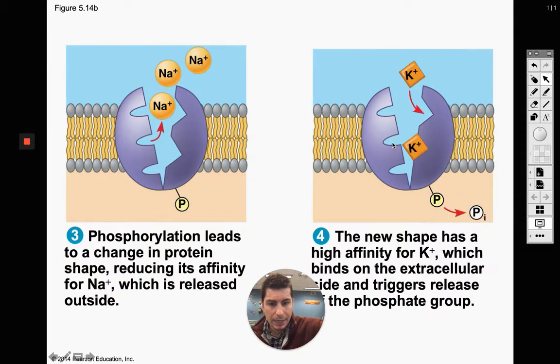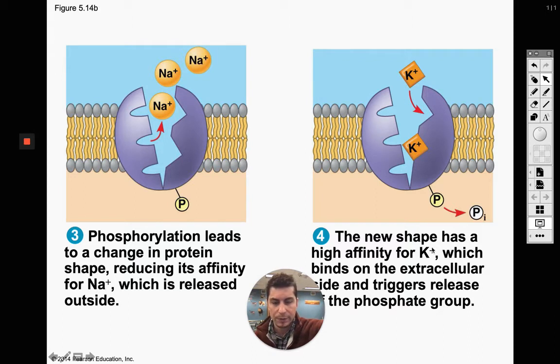And then once our Na leaves, we are then going to bring potassium into our cell. Okay? And why we're bringing potassium into our cell is to try to make up for those lost charges we just created by bringing our sodium out. So we brought the sodium out. It has a positive charge.